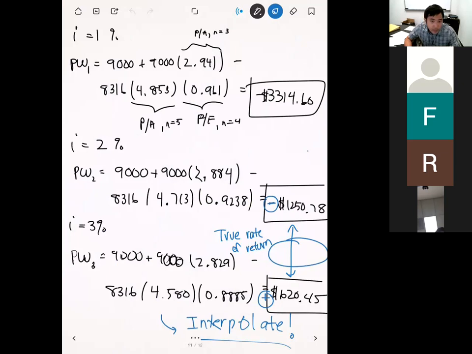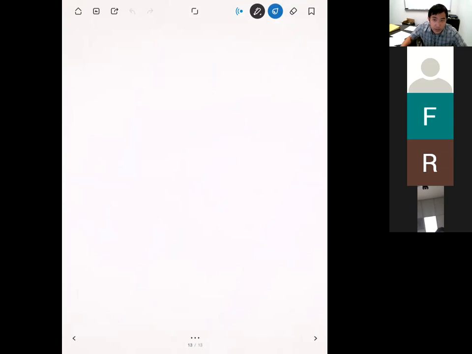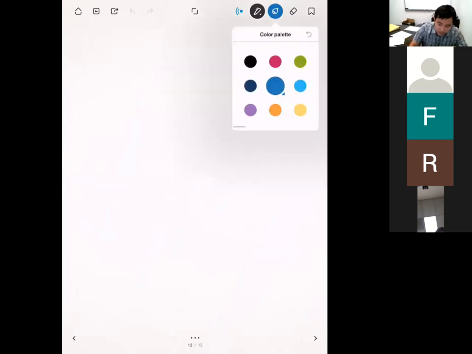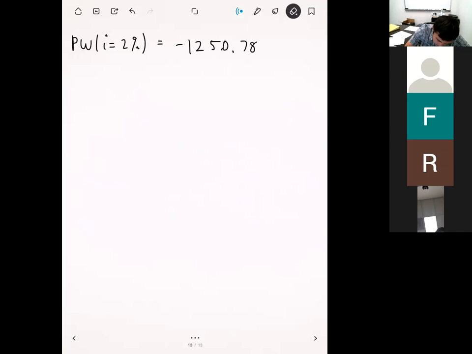Okay, so let's go ahead and interpolate. Let me write the data here. The present worth that we got when i is equal to 2% was a minus $1,250.78.